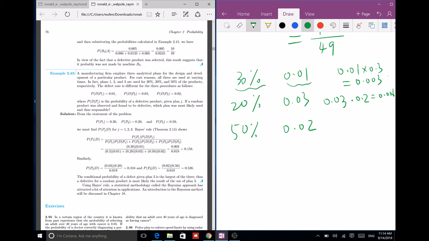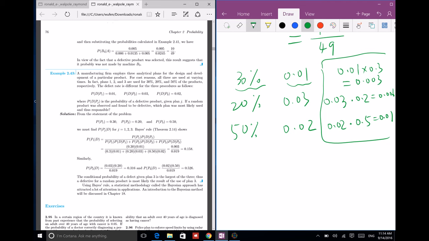The third one is 0.02 times 0.5, and it's 0.01. Okay, this is the probability that a product is defective and from each plant.